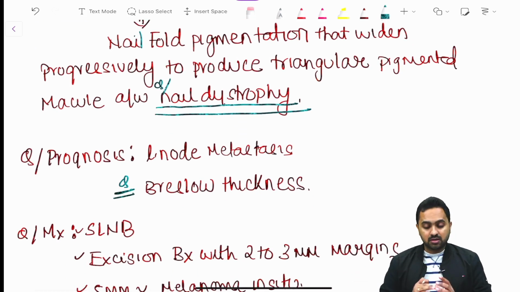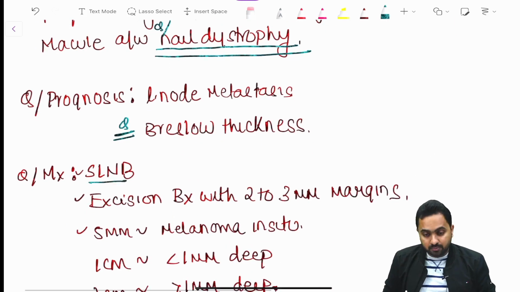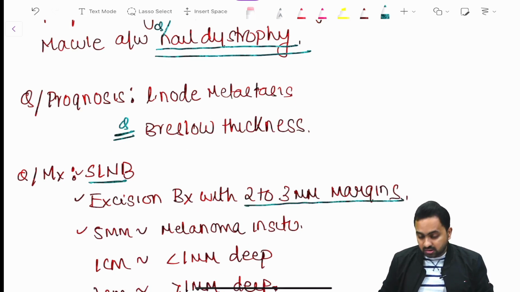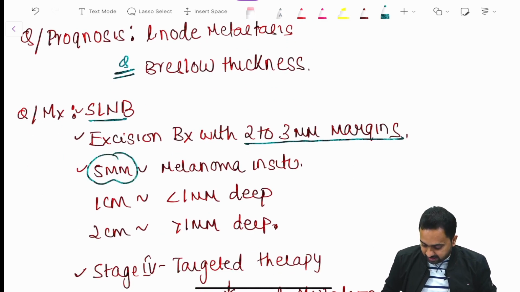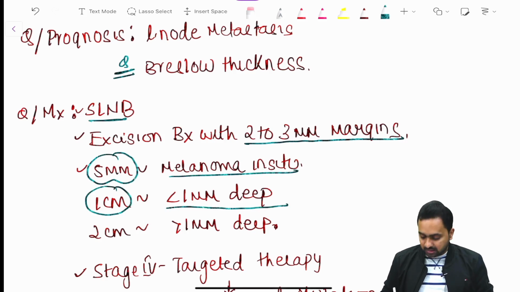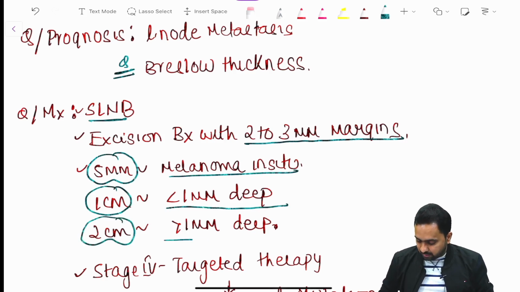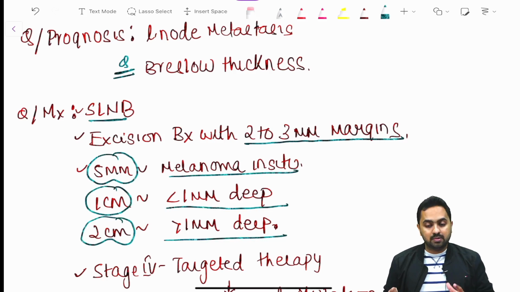The management would include your sentinel lymph node biopsy and excision biopsy with 2 to 3 mm margins. In case of melanoma in situ, we have a margin of 5 cm, a 1 centimeter margin if it is less than 1 mm deep, and a 2 centimeter margin if it is more than 1 mm deep.